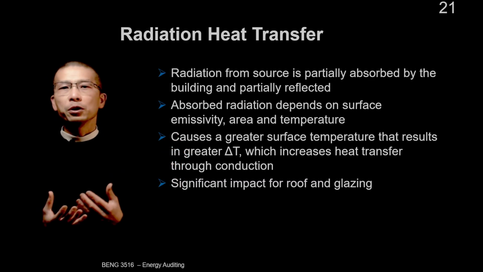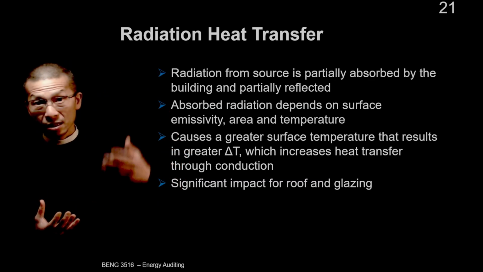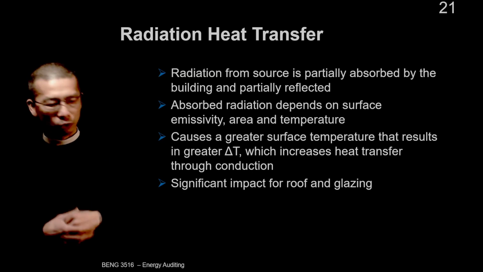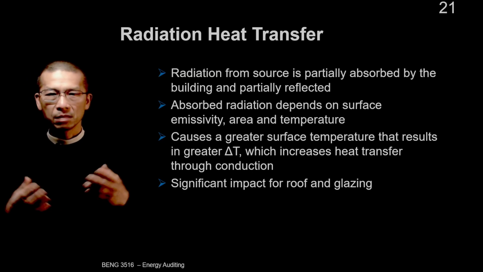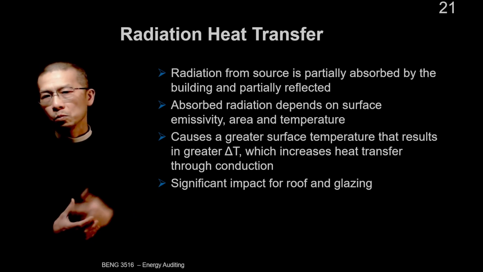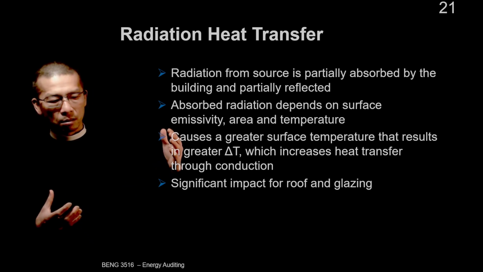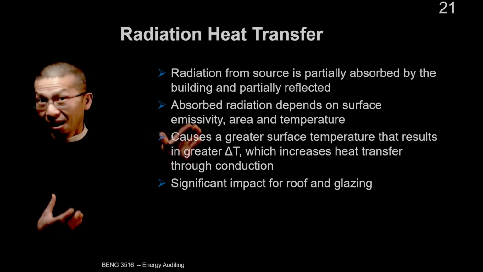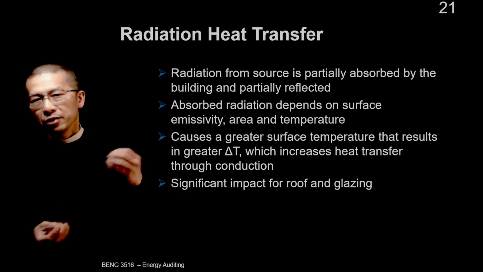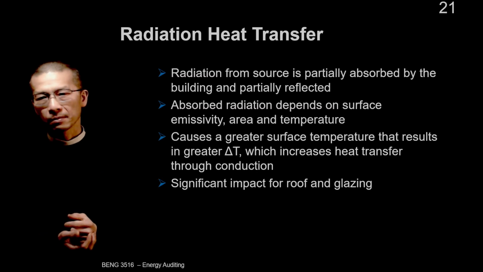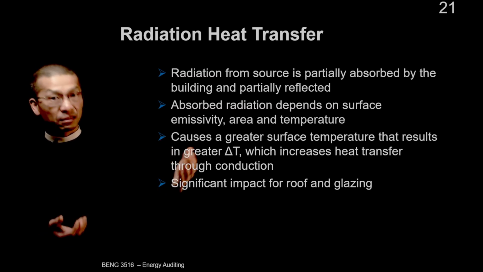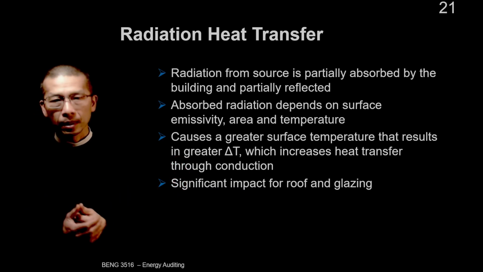Its surface temperature will really skyrocket, maybe even reach 60, 70 degrees Celsius, right? That's the reason we use light color to reduce the temperature. Anyway, this creates a very large delta T, the temperature difference between indoor and outdoor, compared to the air temperature, okay?